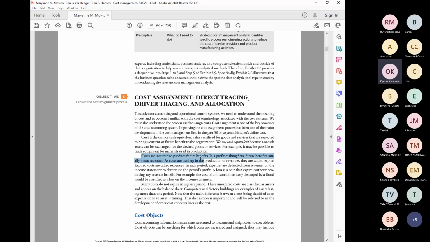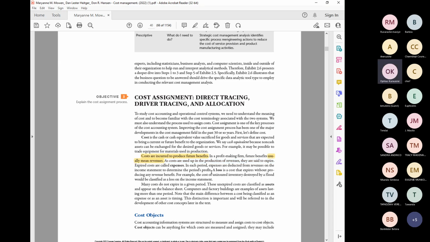If you don't want to incur costs, you can't produce. If you are selfish and don't want to release funds, you never produce anything. You incur costs because you want to make profit. In a profit-making firm, future benefits usually means revenues.